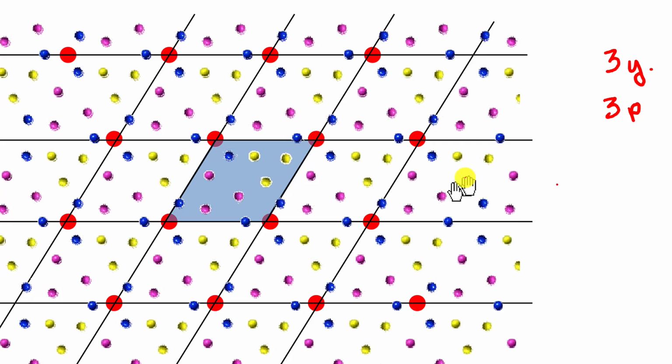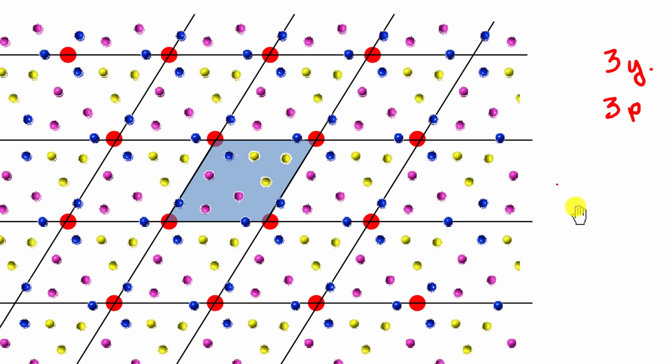So if I zoom in a little bit, and this is actually supposed to be right on the line, but the line's not drawn quite right. But you'll notice this atom is half in this unit cell and half in this unit cell. This one is half in this one and half in this one. And this one, even though it's not drawn quite right, is supposed to be half in this one and half in this one.